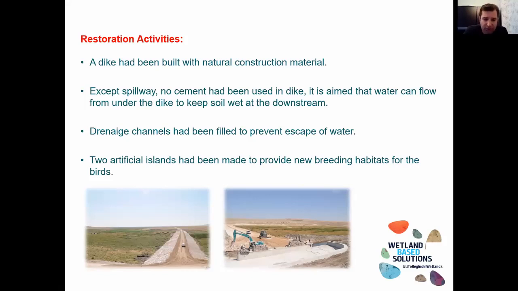Our aim was only to make the flow of water slower. Except for the spillway, it was an engineering activity. No cement had been used in the dike. Also, drainage canals were filled to prevent escape of water. Also, we built two artificial islands to provide new breeding habitats for the birds. So those were our restoration activities.